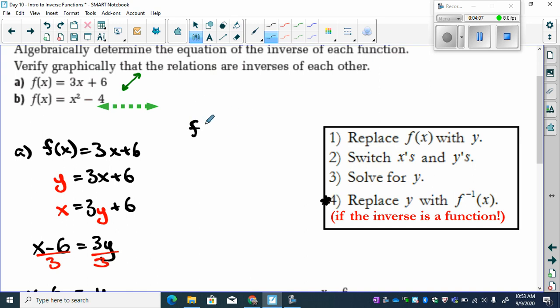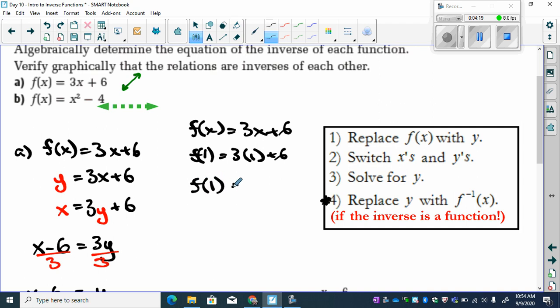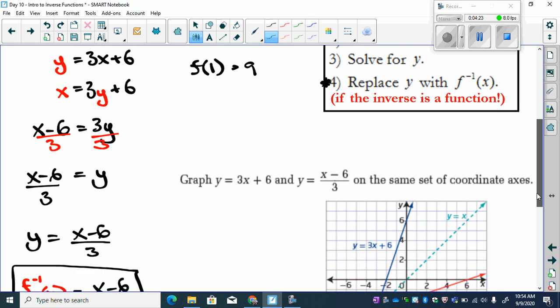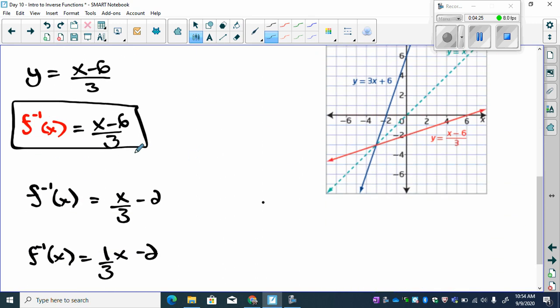So like let's try f of x equals 3x plus 6. What would I get if I filled a 1 in for x? f of 1 is going to equal 3 plus 6, 9. That means that if I plug a 9 into this equation, I should get a 1 for an answer.